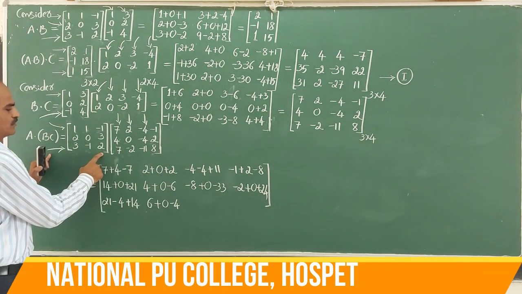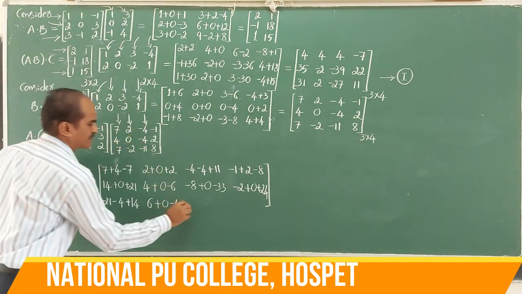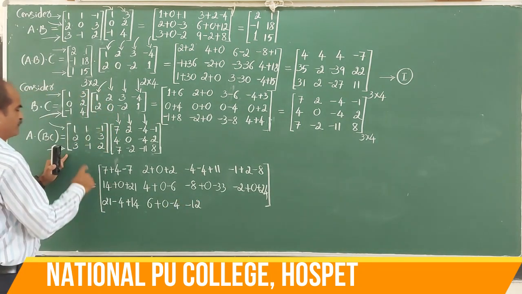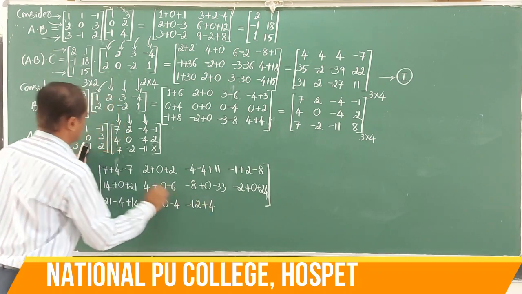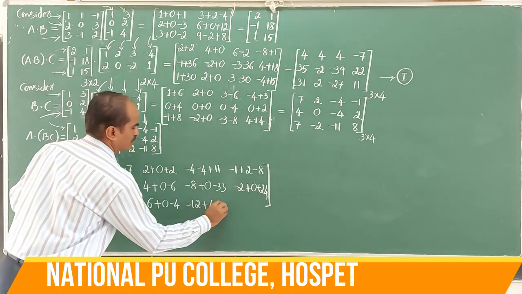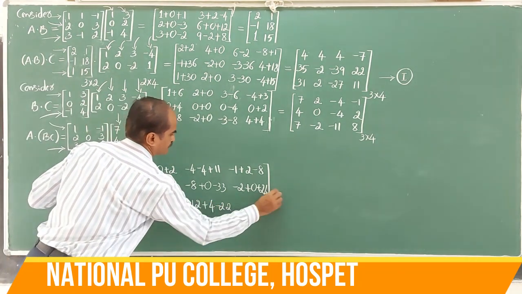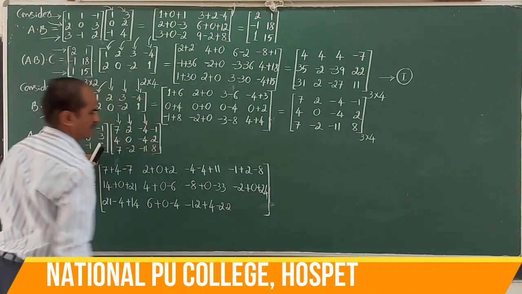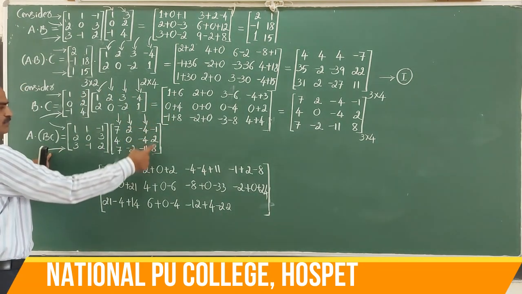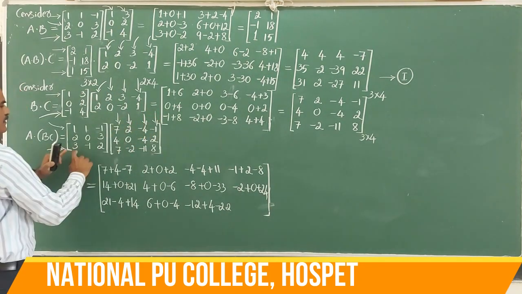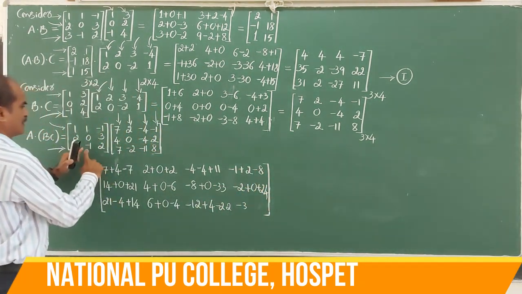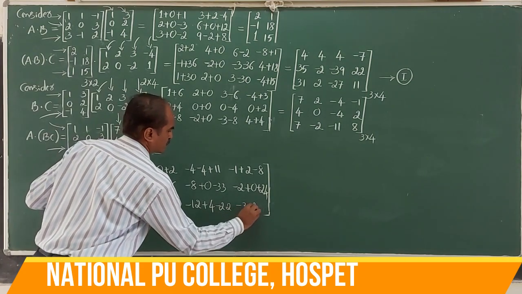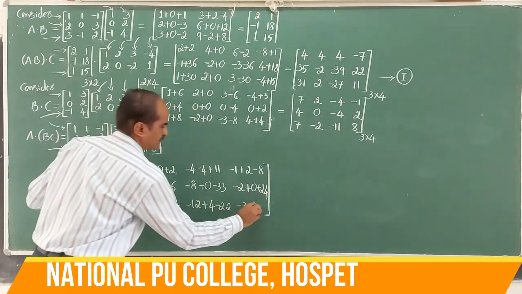Now third row, third column: 3 into minus 4, minus 12, minus 1 into minus 4, plus 4, 2 into minus 11, minus 22. The last element now, third row, fourth column: 3 into minus 1, minus 3, minus 1 into 2, minus 2, 2 into 8, 16.